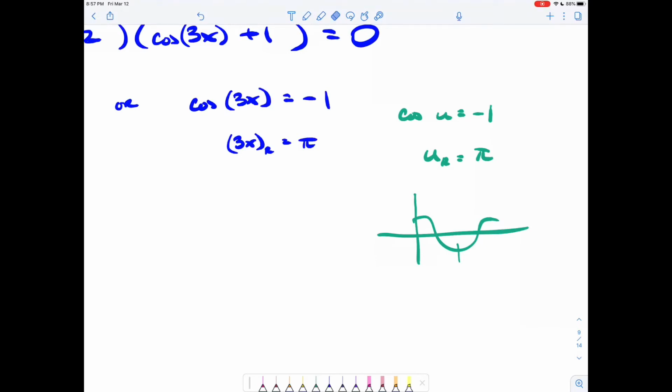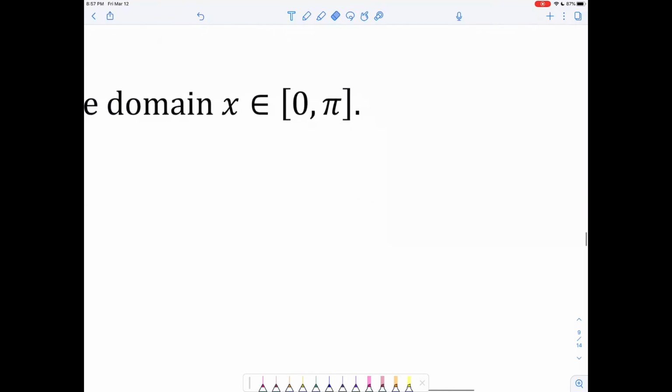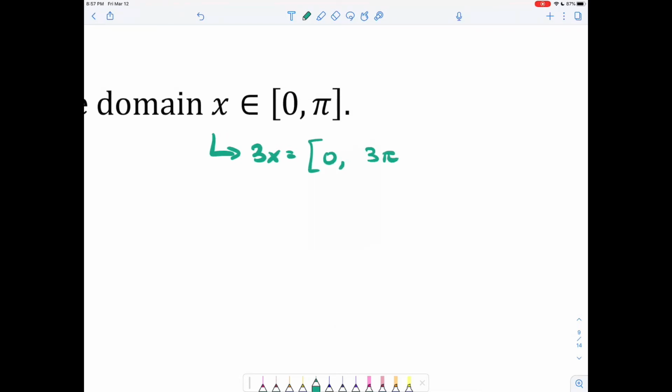We do have to finish this off a little bit. And when we do, let's consider the domain. X can go from 0 to pi. And if that's the case, then 3x will have 3 times the span and go from 0 to 3 pi.